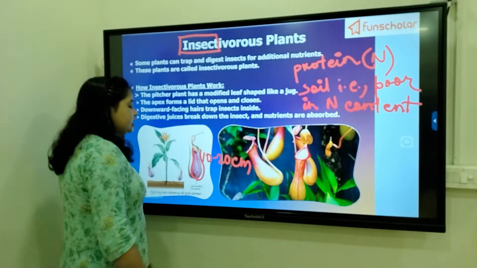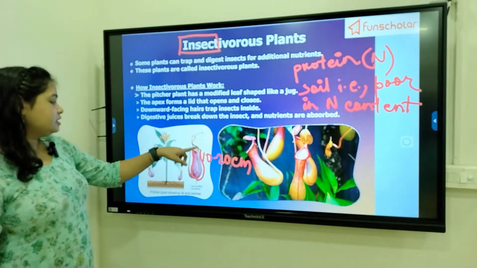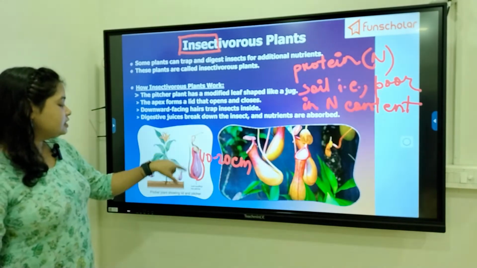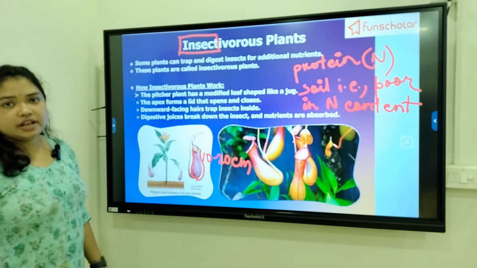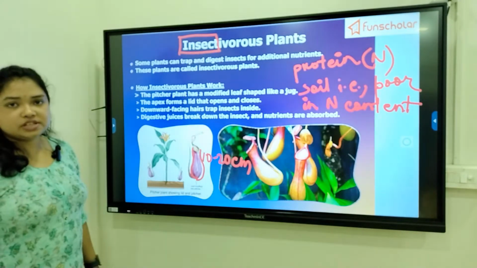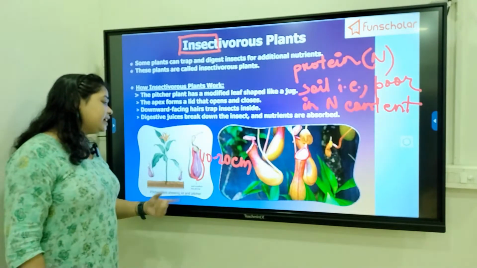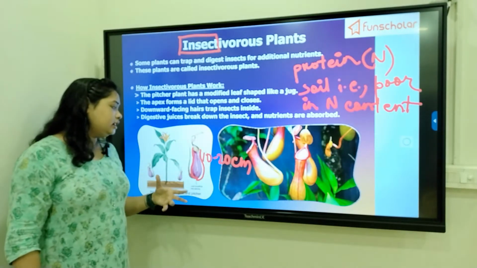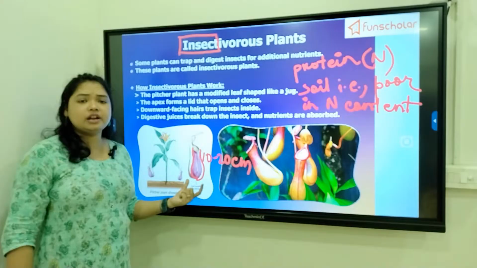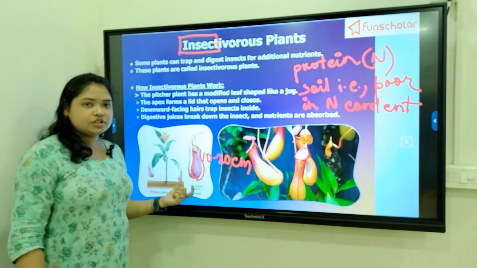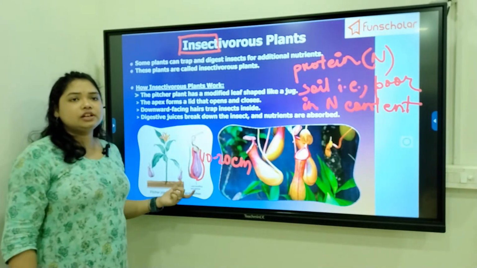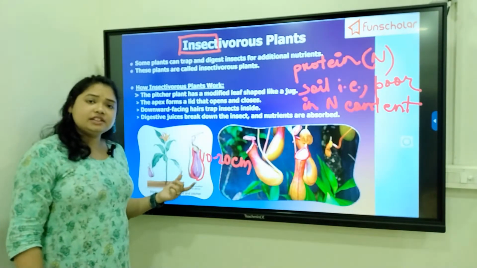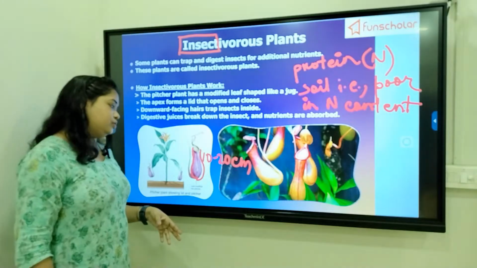Once any insect comes in contact with this pitcher, the lid closes and the insect is dropped inside, and then the enzymatic juices digest the insect and kill it. From that body, the pitcher plant gets its nutrition and compensates for the lack of nitrogen in the soil in which it grows.